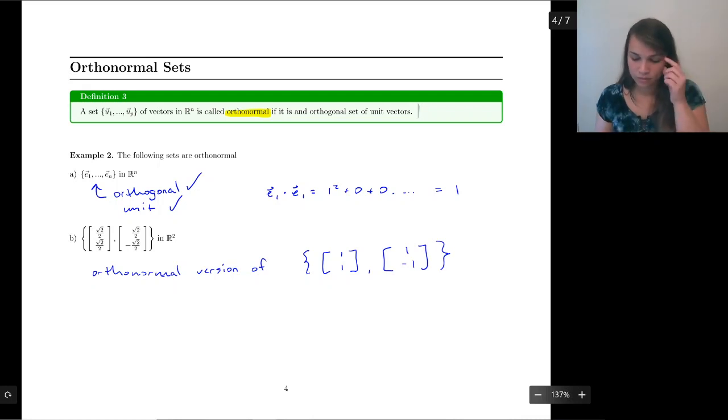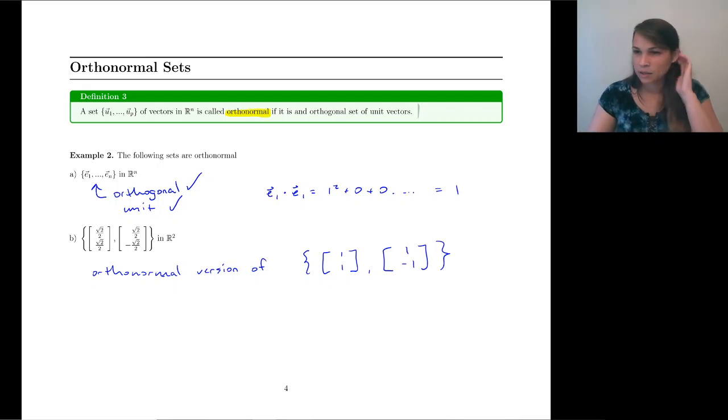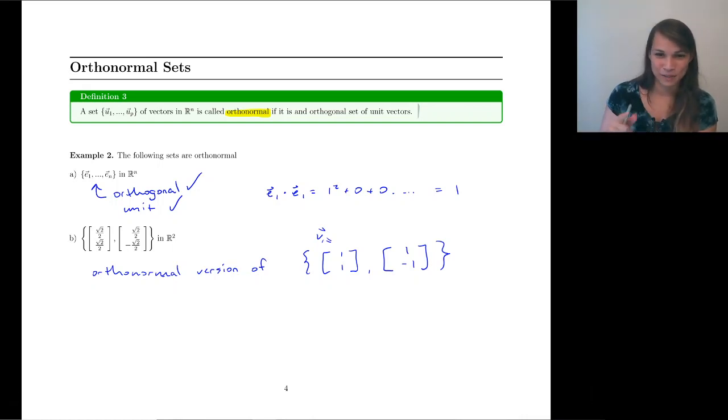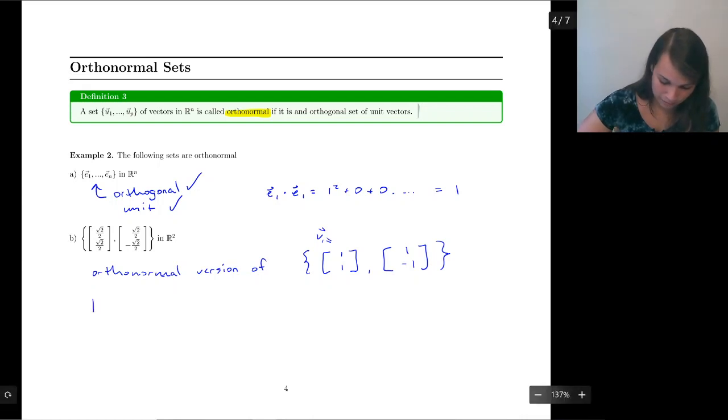We talked about him a little bit. He was one of our examples yesterday. So let's see. If I call this V1 right here, let's make sure that when we normalize it, we end up with what I just said we're going to end up with.